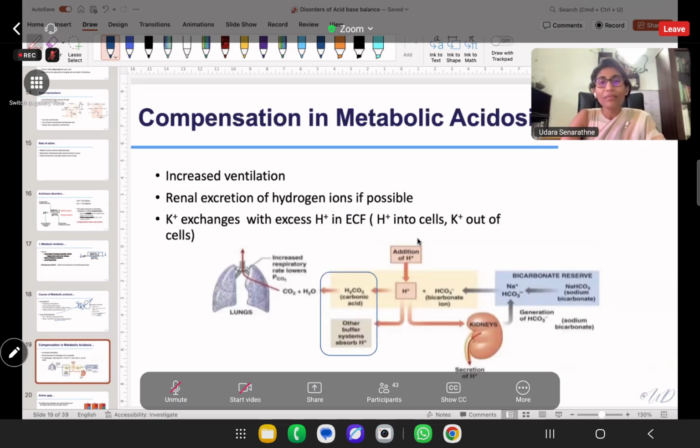Okay. So how is this compensated? If you're having a metabolic issue, the compensation is by the respiratory system. So if you're having metabolic acidosis because you are building up acid, either because you cannot excrete or you are producing more or you're losing bicarbonate. So that's how you remember.